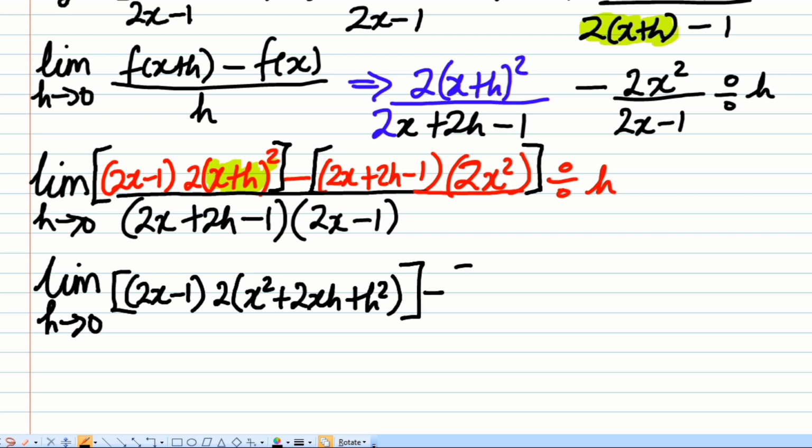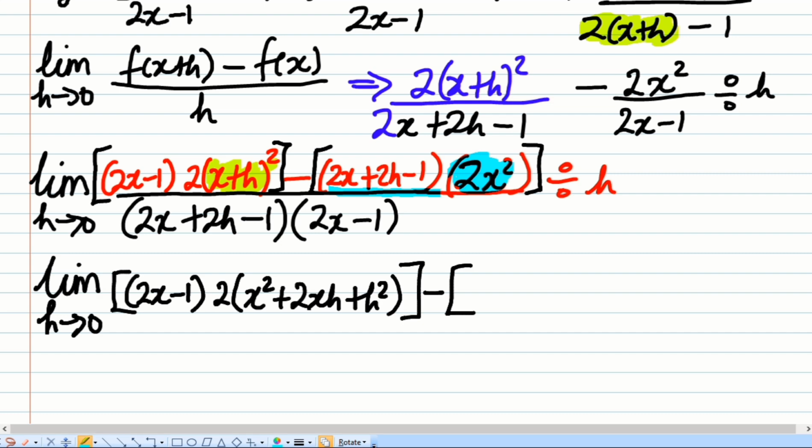And then minus. This is easier to expand. So we're going to use this 2x squared and multiply every term in this bracket. So just follow the process. Okay, so 2x squared times the first one, which is 2x. 2 times 2 is 4. x squared times x is x cubed.